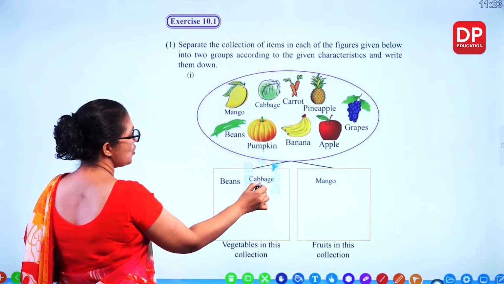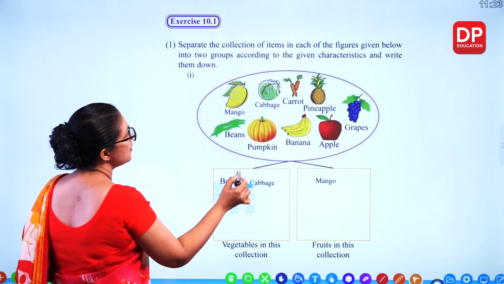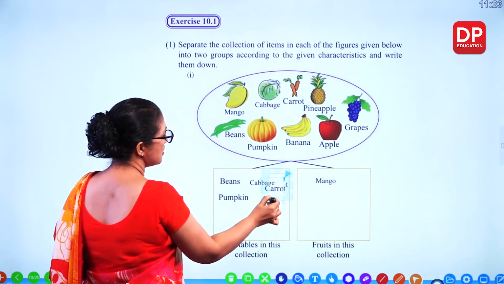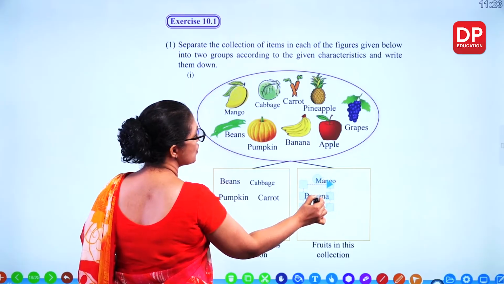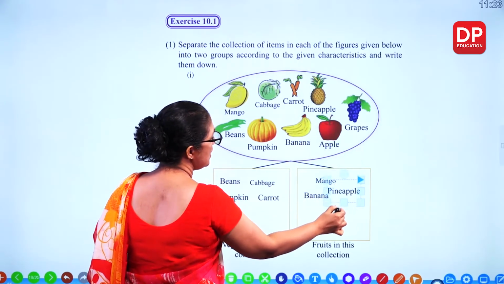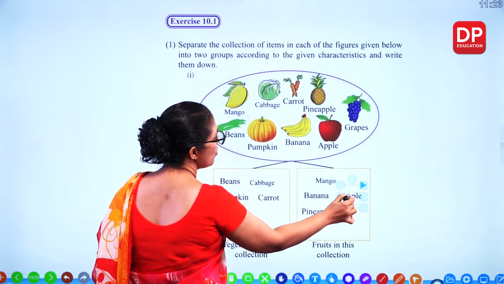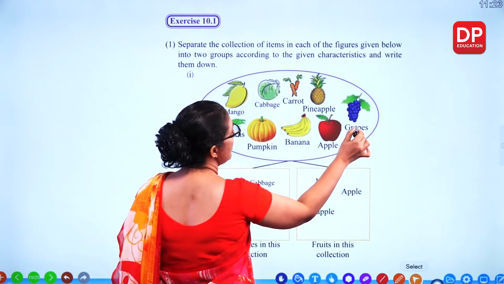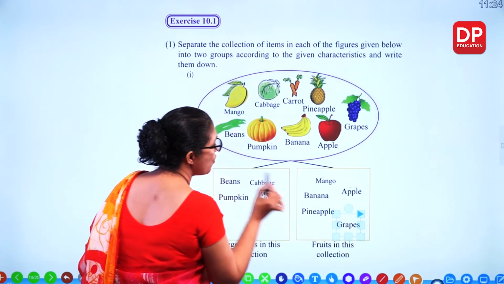Cabbage, vegetables. Pumpkin, a vegetable. Carrot, a vegetable. Then banana is a fruit. Pineapple is a fruit. Apple is also a fruit. Then grapes is also a fruit.